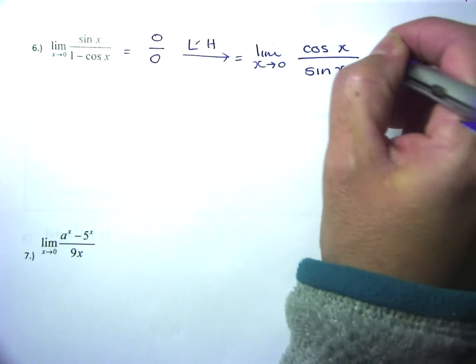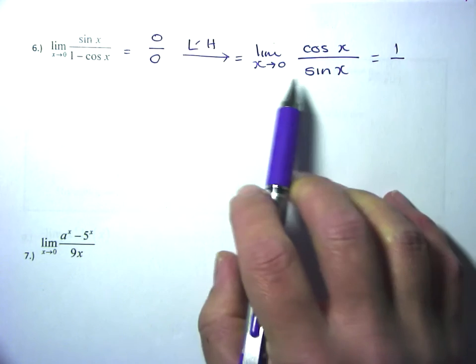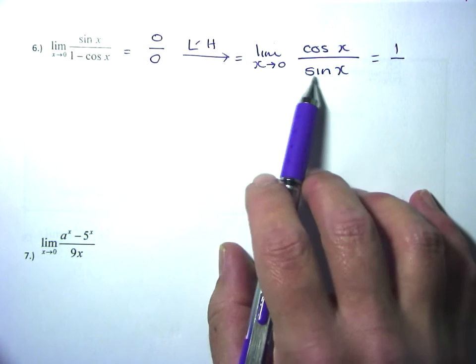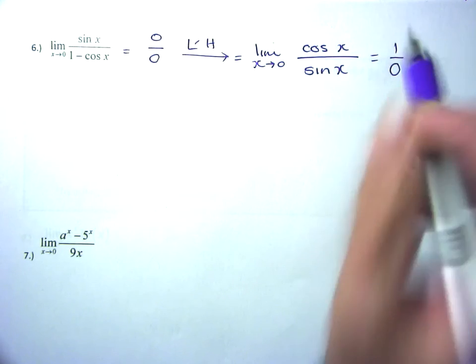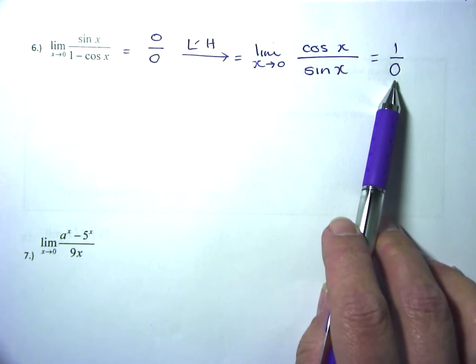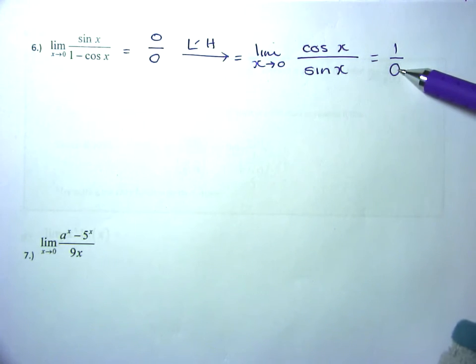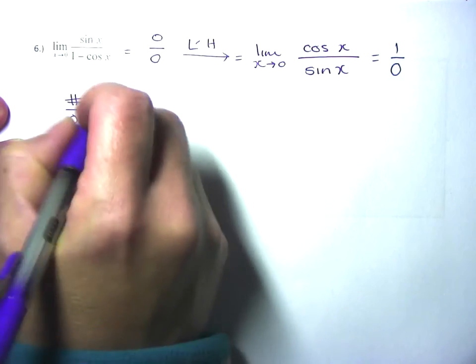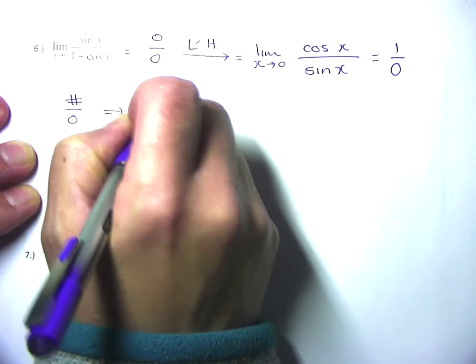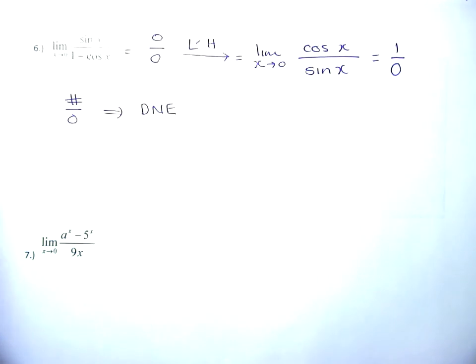So what I will get here is 1 over, if I plug 0 in for x in the bottom, sine evaluated at 0 is equal to 0. All right, so what do we choose when we see that a limit is equal to a number over 0? Yeah, so anytime we see a number over 0, we say that this limit does not exist.